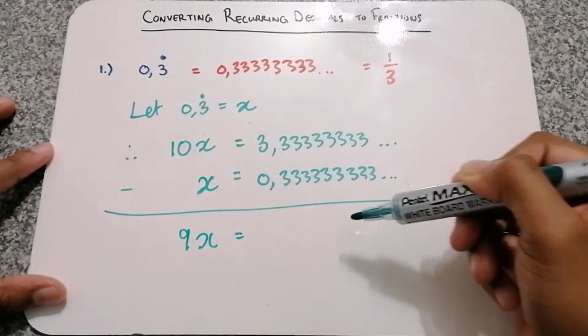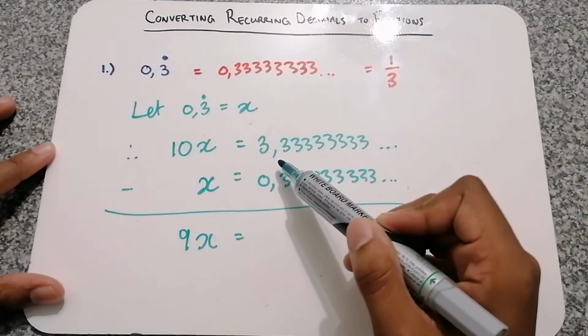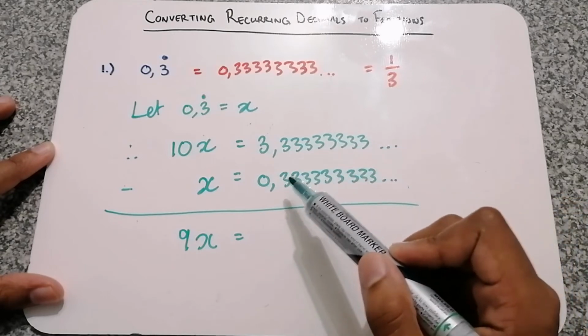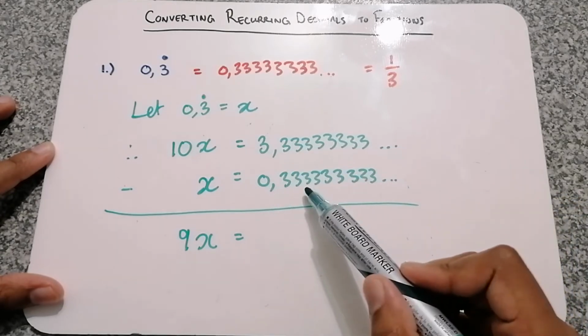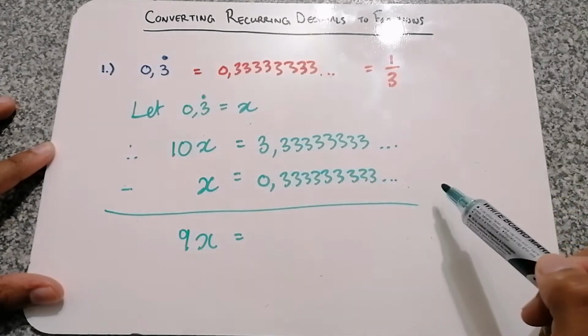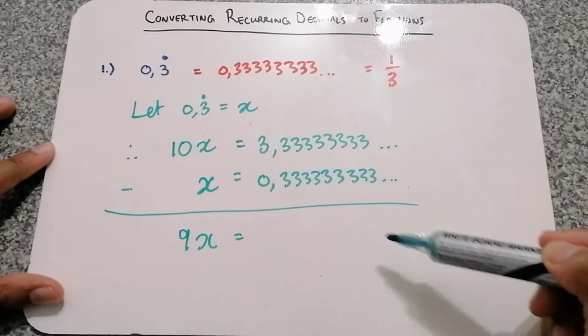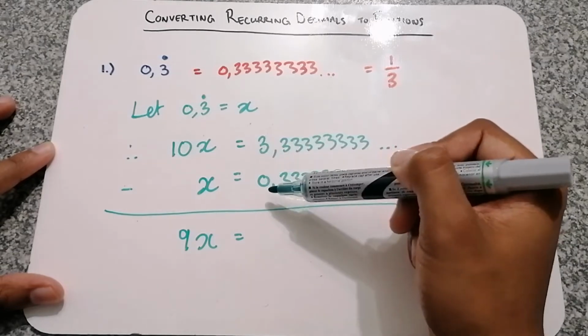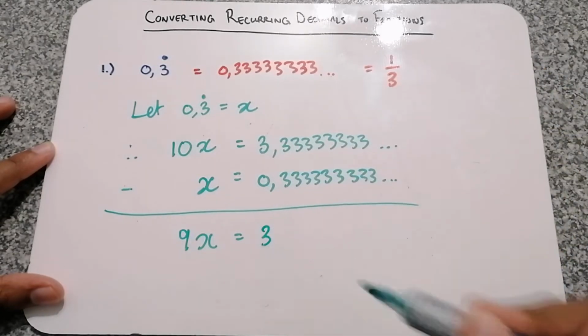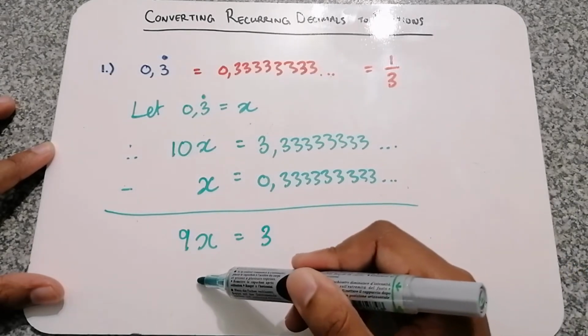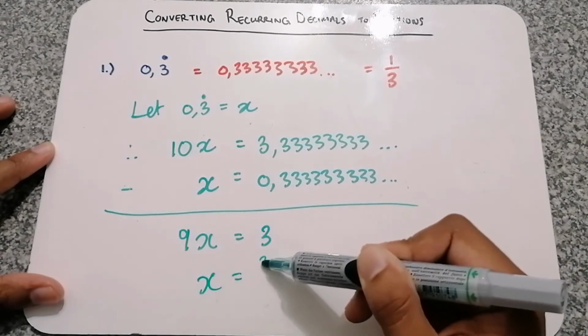Okay, let's see what happens here on the right hand side. 3.3333333 recurring minus 0.3333333 also recurring. These recurring decimals will then cancel out, and you'll be left with the 3 minus a 0, which is just 3.